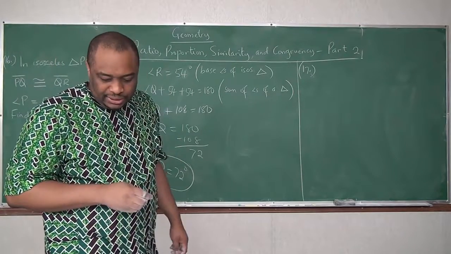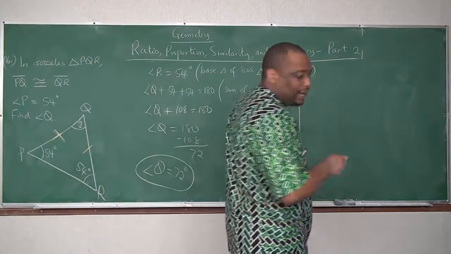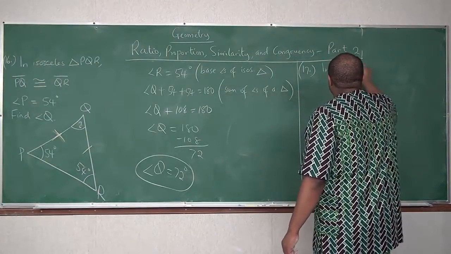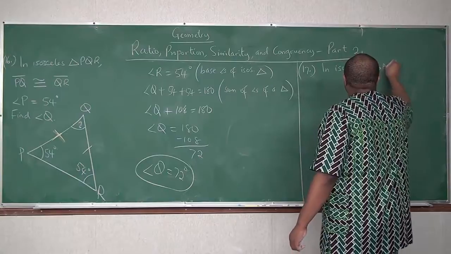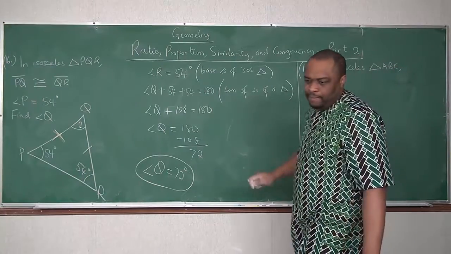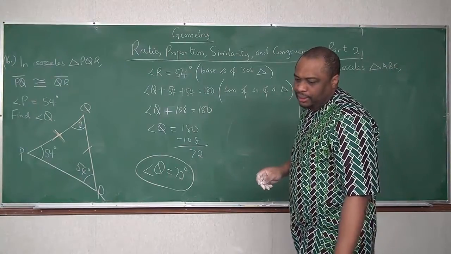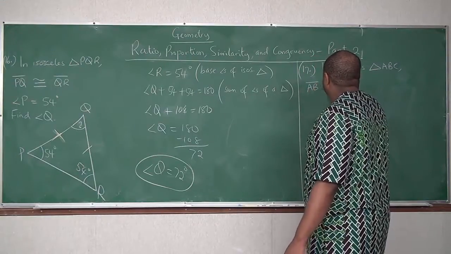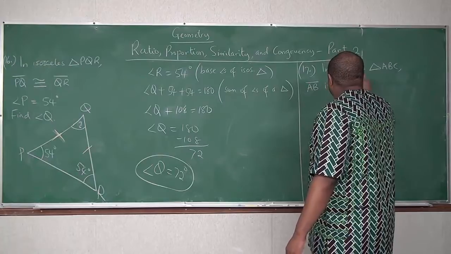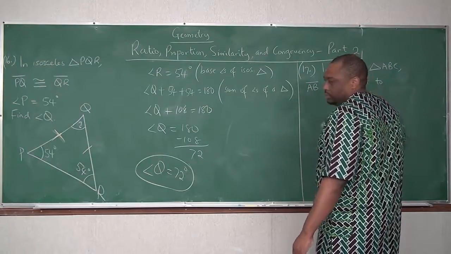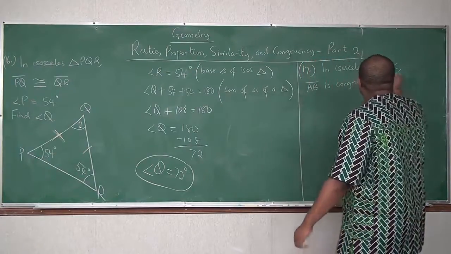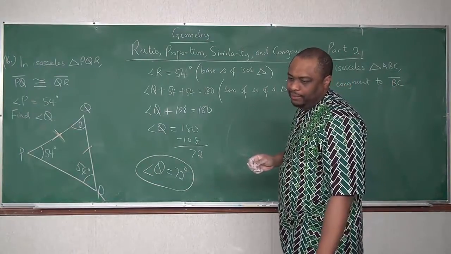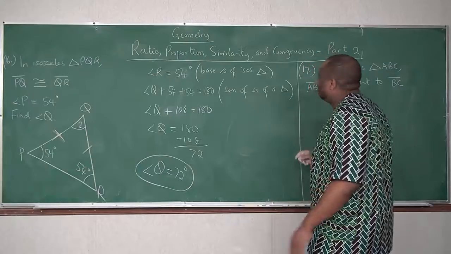It says in isosceles triangle ABC, line segment AB is congruent to line segment BC. The measure of the vertex angle, angle B, is 75 degrees.